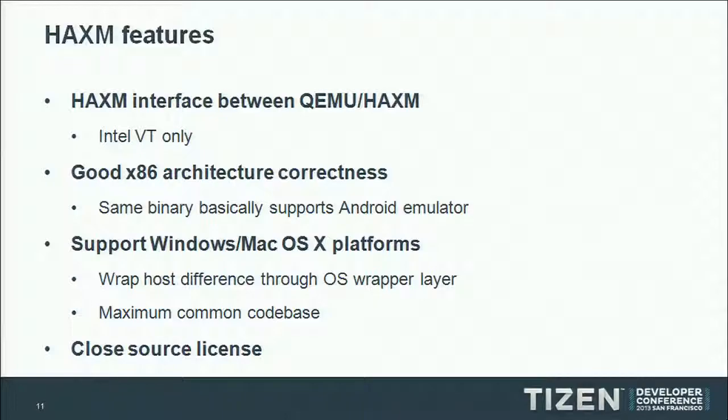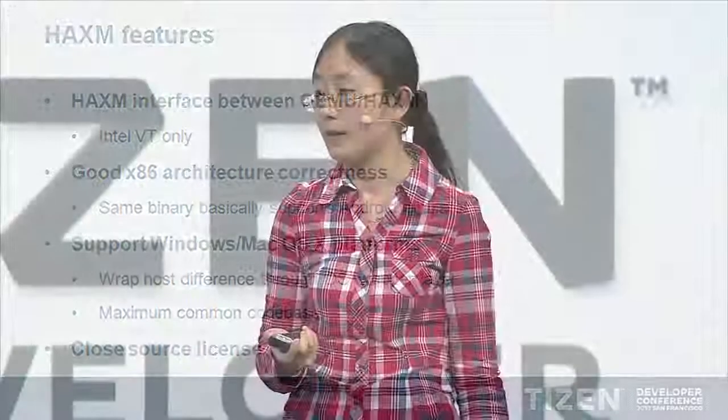We have made a good implementation: we had an OS wrapper layer and use this wrapper layer to wrap the host differences. Based on this, we have a maximum common code base. HAXM is a closed source license, and it's Intel property.